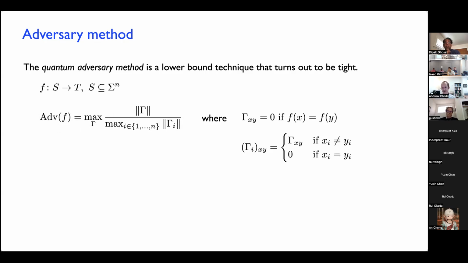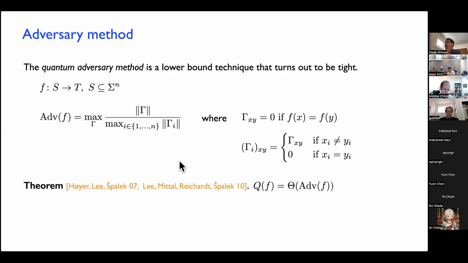Let me not get into the definition because it's not going to be so important for us. Really, one of the main facts that we're going to use is that this adversary quantity really captures the quantum query complexity. So the bounded error quantum query complexity of some query problem, captured by some function f, is really big theta of this adversary quantity.